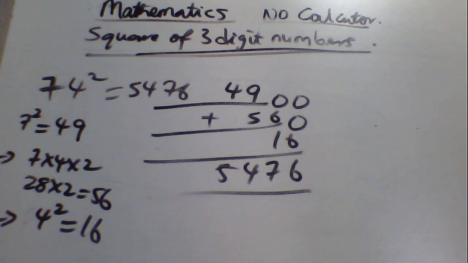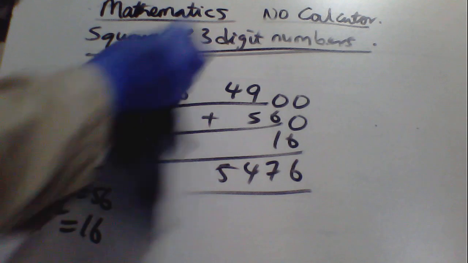Now we are done with the 3 and the 2-digit numbers. Let's look at 4-digit numbers. How we can apply this formula in finding the square of a 4-digit number. Let's clean here.